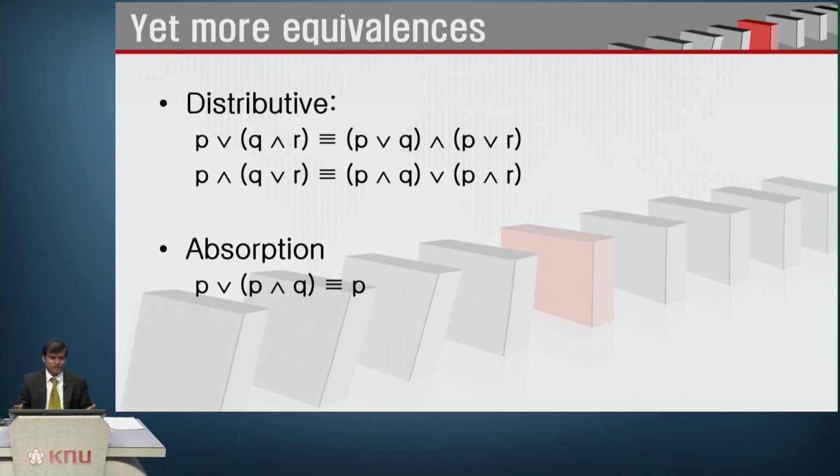Once you know P, if P is false, the output is going to be false. If P is true, the output is going to be true. In the same way here, P and P or Q, the same thing happens again. If P is true, the output is going to be true. You don't have to worry about Q.